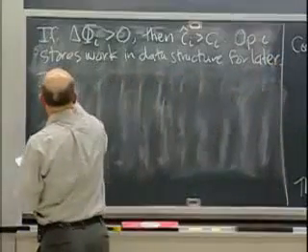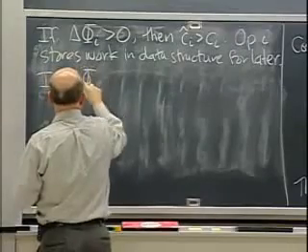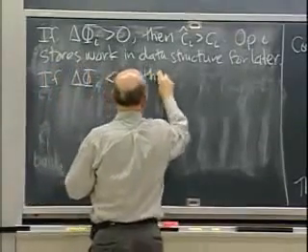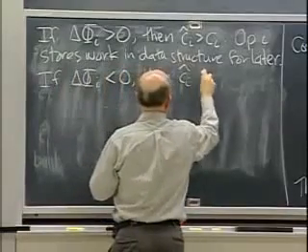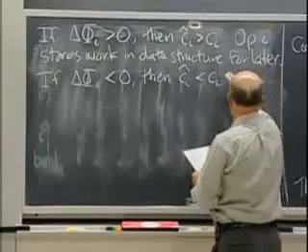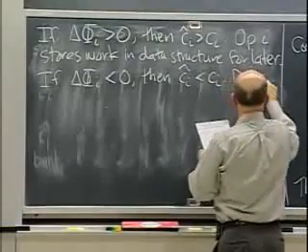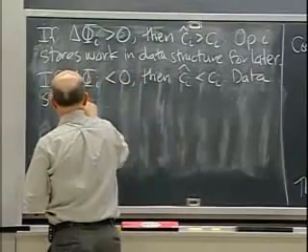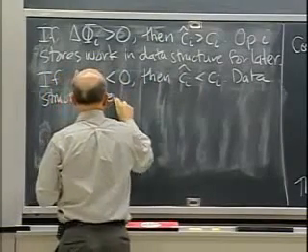Similarly, if delta phi I is less than 0, then Ci hat is less than Ci. And so the data structure delivers up work.